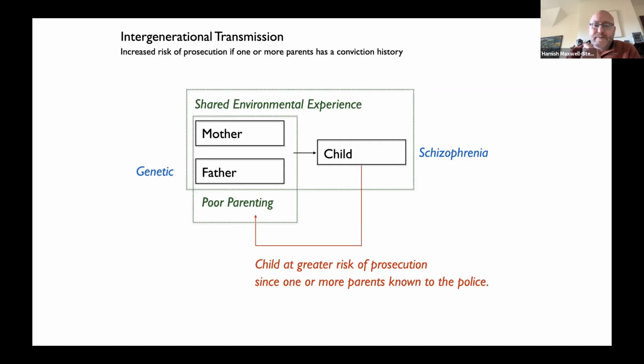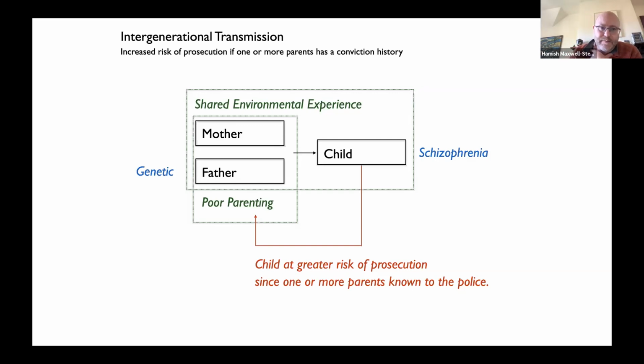And then finally, there's a well-known relationship between the police doing their job and increased prosecution. So, of course, the police have a list of the usual suspects, and if your parents or other family members are on that, the chances that they will come knocking on your door are dramatically increased.